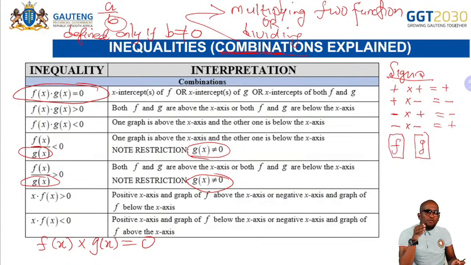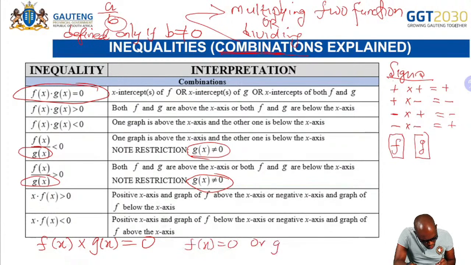I'll repeat, for any product to be equal to 0, the first factor must be equal to 0 or the second factor must be equal to 0 or both factors must be equal to 0. So in the context of functions, the first function must be equal to 0 or the second function must be equal to 0 or both. So we are looking at f of x equals 0 or g of x equals 0 or both.